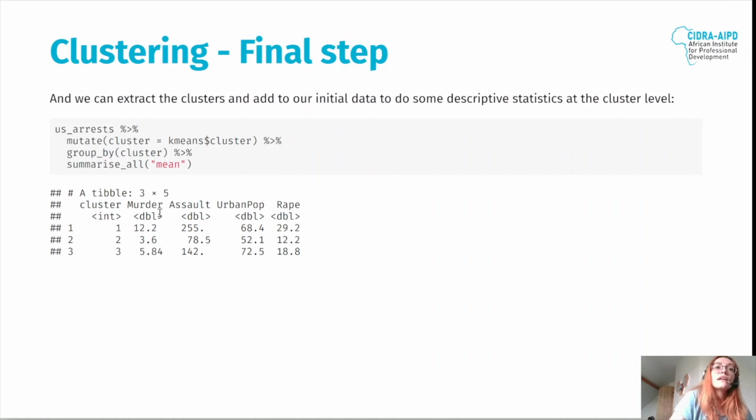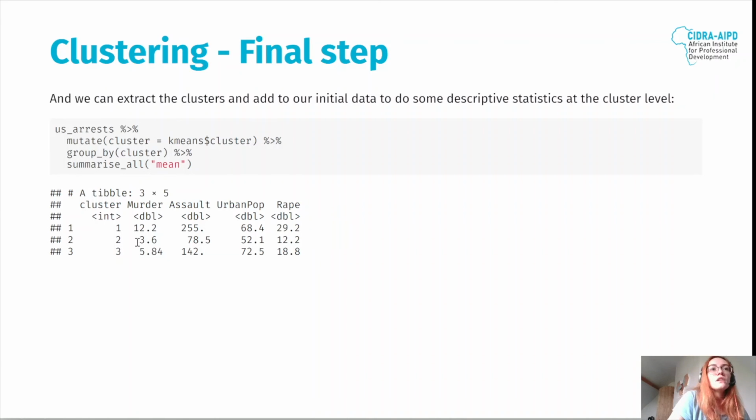So we can see that cluster 1 has the highest murders, the highest assaults, kind of an average in the middle of the urban population, and it also has the worst rape mean values here.